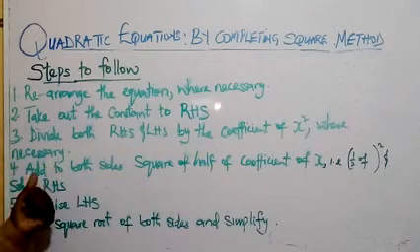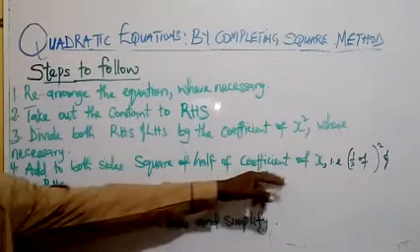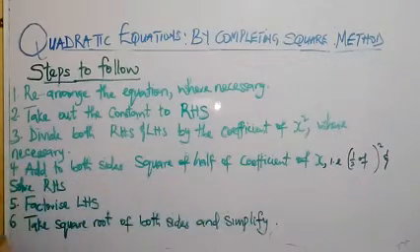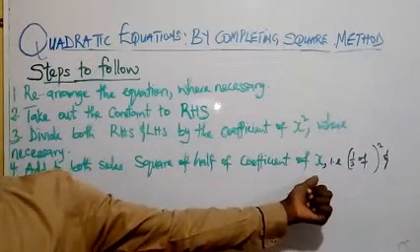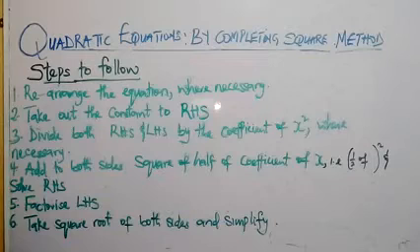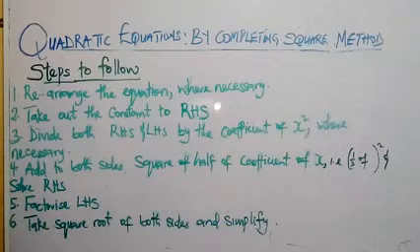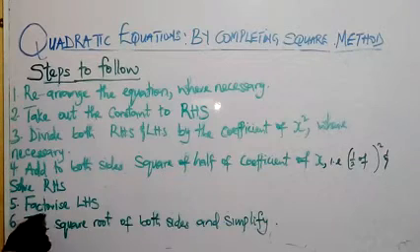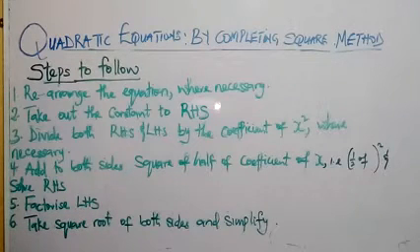Number 4, add to both sides the square of half of the coefficient of x, that is, open bracket 1/2 of the coefficient of x close bracket all squared, and solve the right hand side. Number 5, factorize the left hand side. 6, take the square root of both sides and simplify.